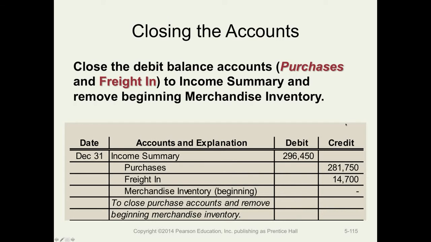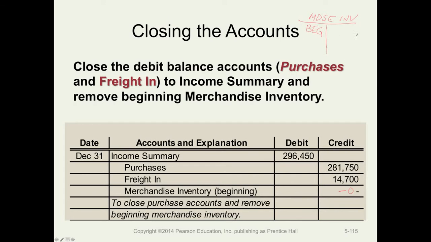Now, the next closing entry is going to debit income summary, credit the debit balance accounts of purchases and freight, and notice you also have to credit or remove the beginning inventory. So with a periodic system, the difference is that in the merchandise inventory account, you have beginning inventory, and that's all.